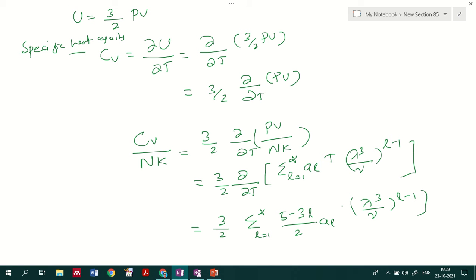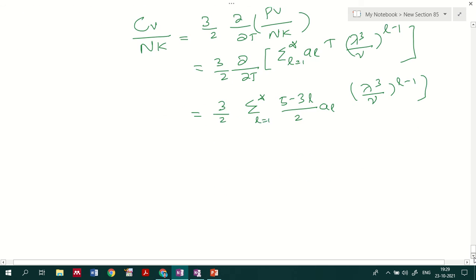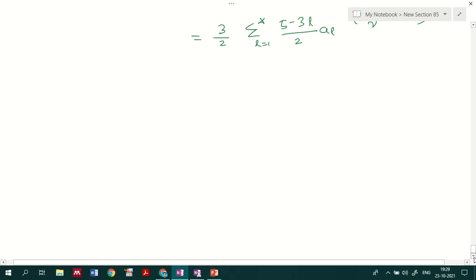If you give the l value corresponding to each one, the a values, a1, a2, a3, I have already specified. If you just take the summation for each one, what you will get is 3 by 2, first term will be 1 plus the different terms we already saw, a1, a2, a3.